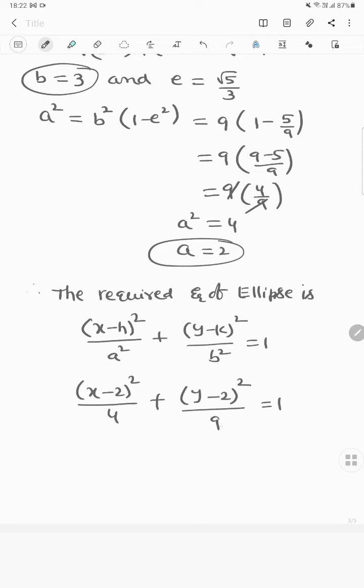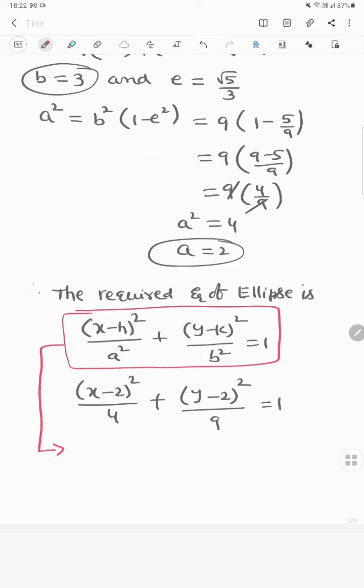For this type of equation of ellipse, the parametric equations are x is equal to h plus r cos theta, y is equal to k plus r sin theta.